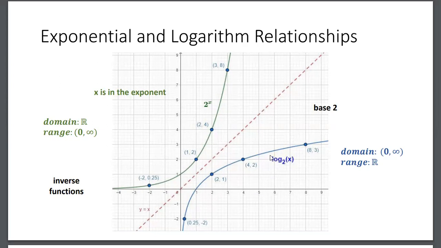A logarithm is an exponent. It's the exponent that you have to use in order to raise the base to that power in order to get whatever's in the parentheses here. So for example, if we're dealing with this logarithm here, and we have this point (4, 2), and we're trying to find what exponent we have to use on 2 in order to get an answer of 4, we have to use 2, right?